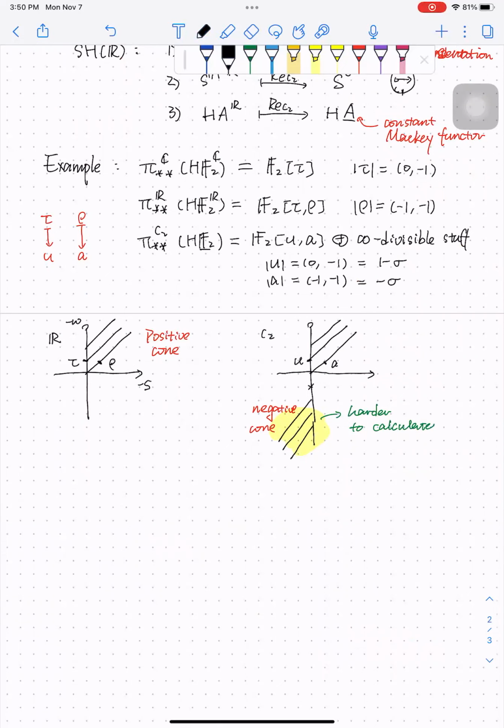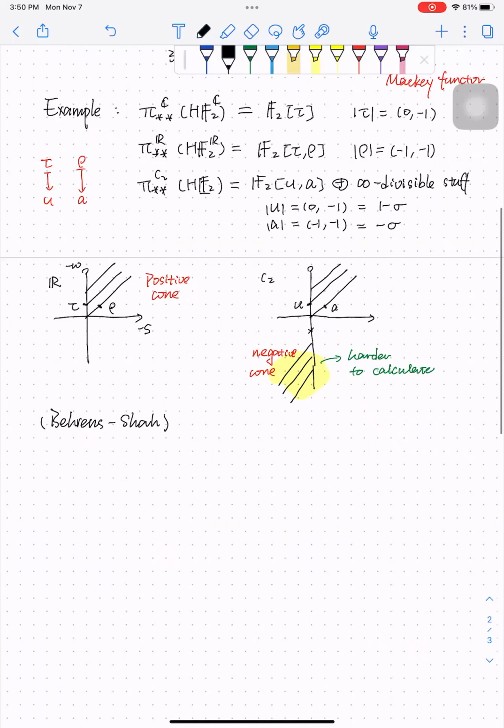For example, in Behrens-Shah's work, they show that you can use R-motivic calculation to get C2 equivariant results. An example they use in their paper is the Tate diagram in the C2 equivariant category.